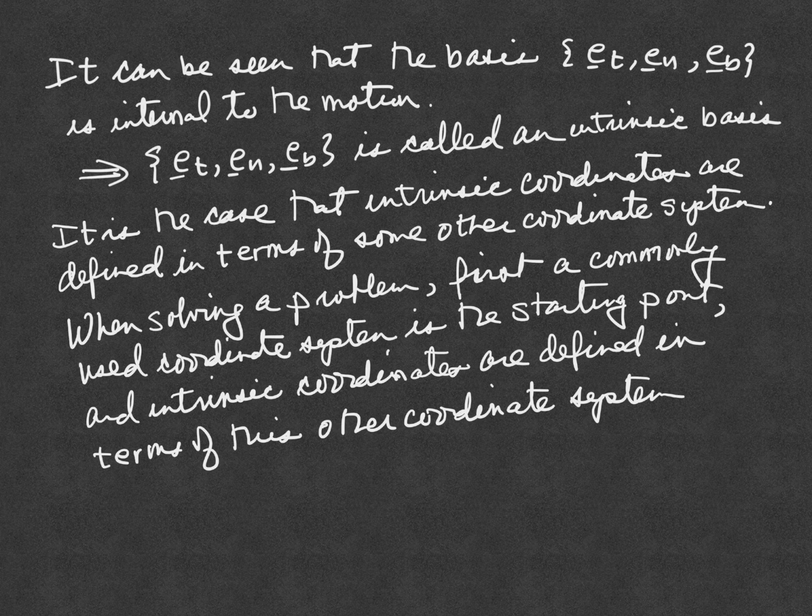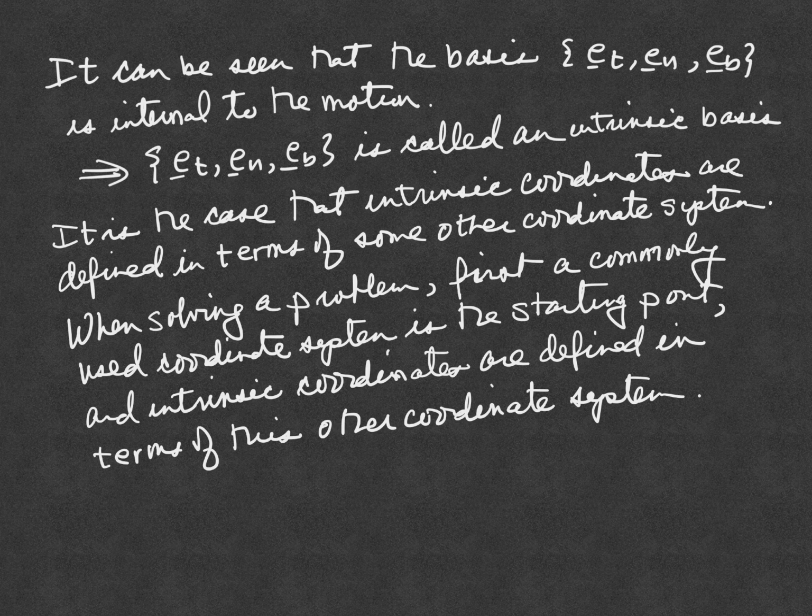Now, it's often easier to work with examples to see how this actually plays out, but it's important to understand this concept first, that you don't start with intrinsic coordinates.